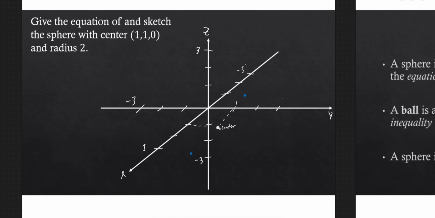In the y direction, I'll use green for this: 1, 2 over, 1, 2 over. That would be here. And then in the z direction, also 2. I'll use a third color for this. How about red? So we want to go up 2 units. There's the extent there, and down 2 units. So there's the extent down there.